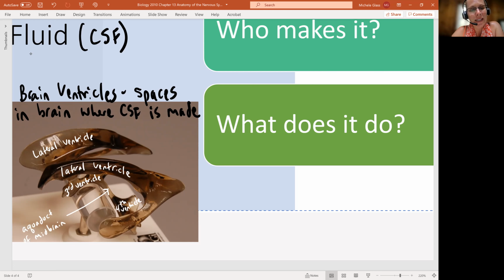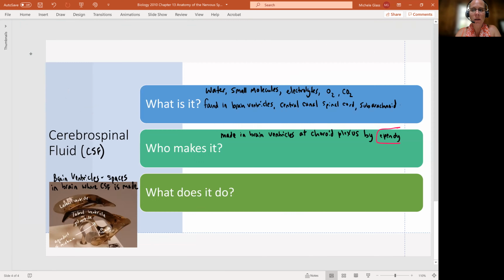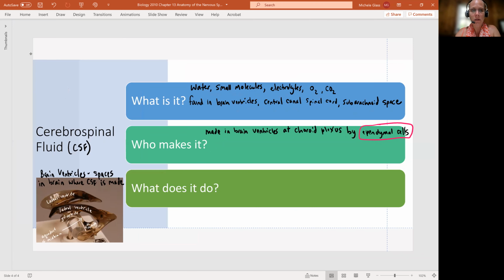That's like a river connecting the 3rd ventricle to the 4th. And the 4th we see back behind the pons and medulla oblongata. Then the fourth ventricle becomes continuous with the central canal in the spinal cord. And this is the location where we're making that CSF.